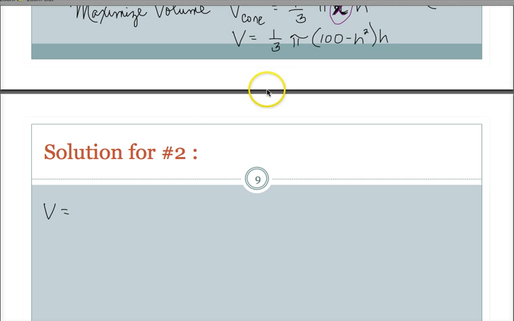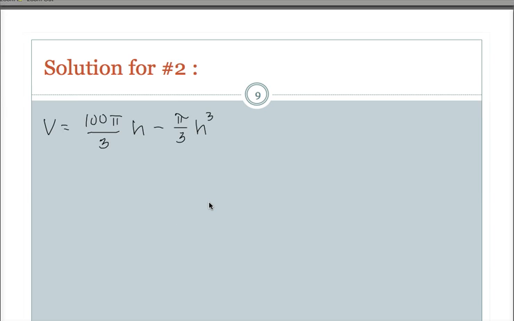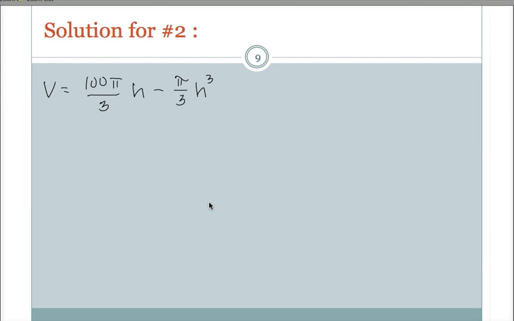So that's 100 pi over 3 times h. And then I have the 1/3 pi times an h squared times another h. So that's minus pi over 3 h cubed. Now notice how everything's in one single variable. That's my rewritten original function.